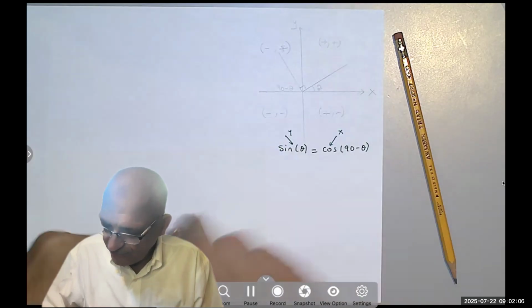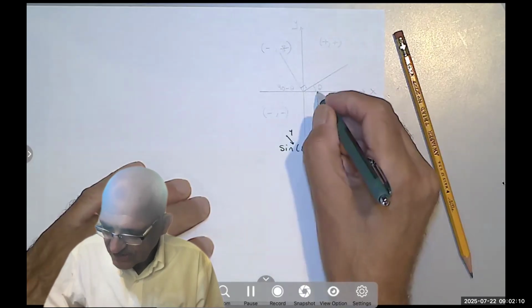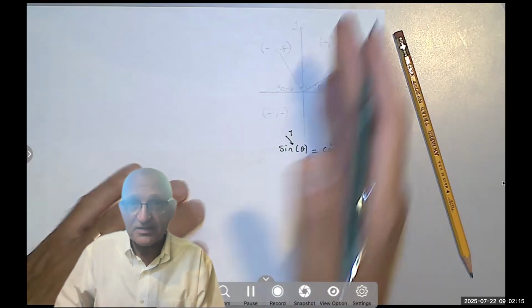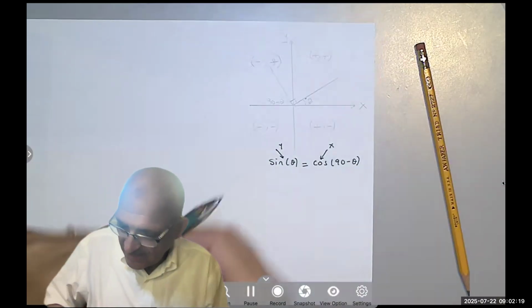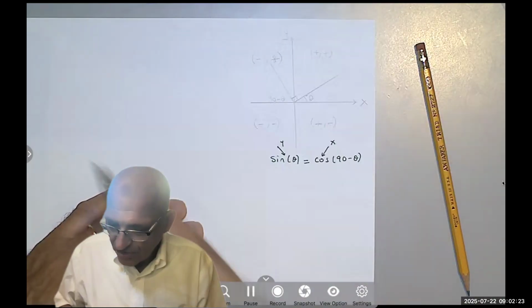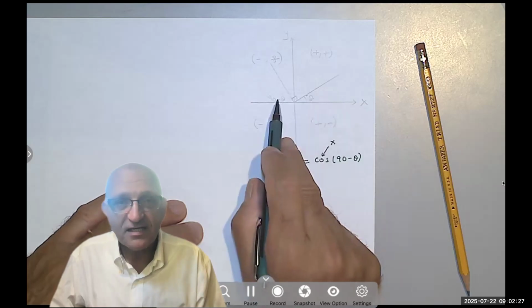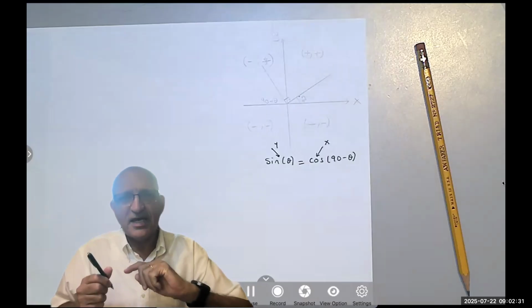Meaning, if I want to find this side, I multiply this length by cosine to get the x, by sine to get the y, because the y is opposite. So basically what we are saying here is that if I rotate a line 90 degrees counterclockwise or even clockwise, the cosine becomes sine, meaning the x becomes y and the y becomes x.